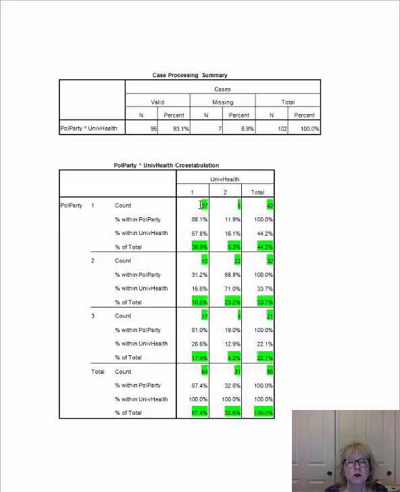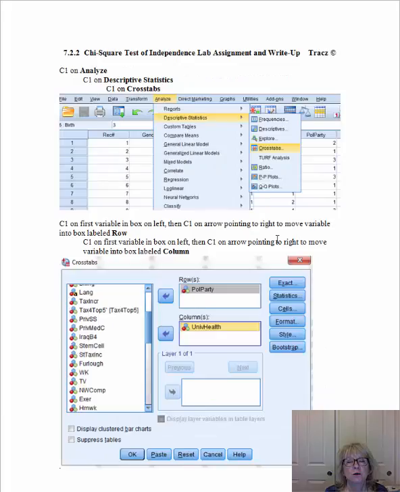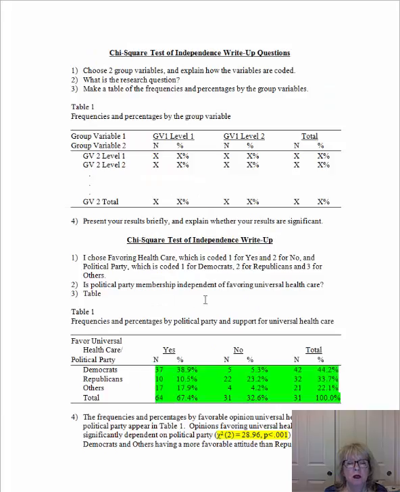What I want you to report is the count or the frequency and then percent of total. So my first one is 37 with 38.9% total, and then 5 and 42. So you see 37 is the frequency, 38.9 is the percentage, 5 and 42. You can fill in the rest of these.